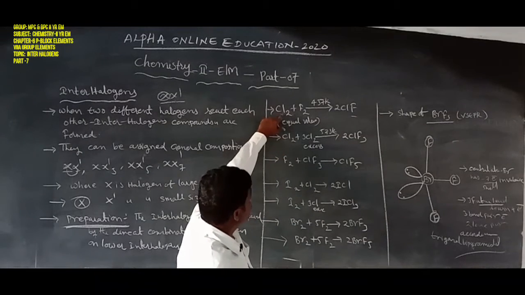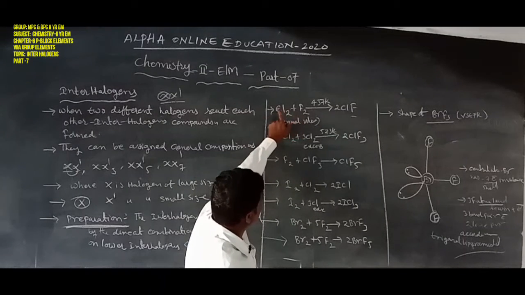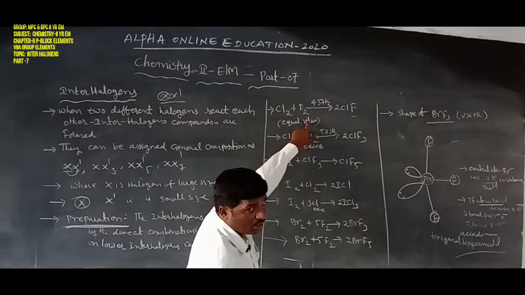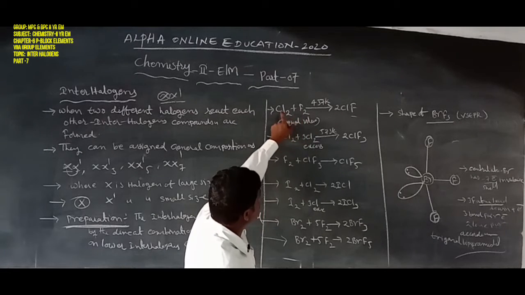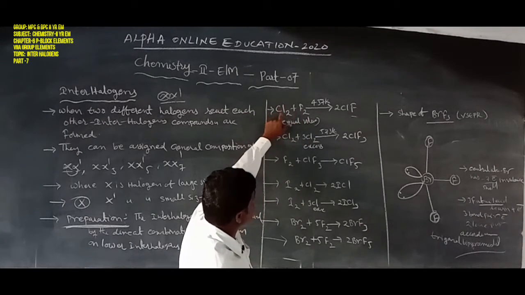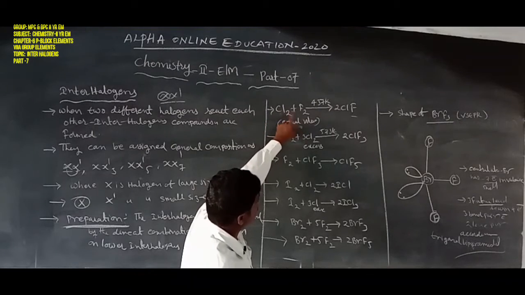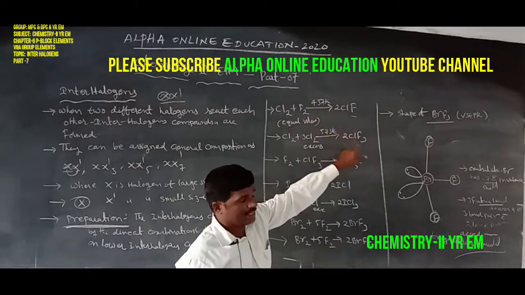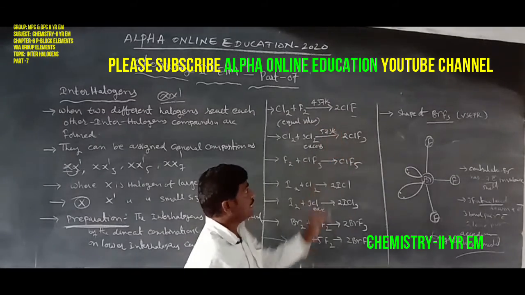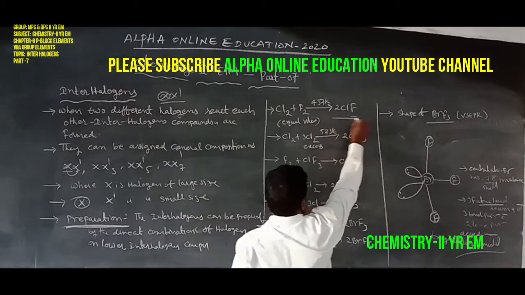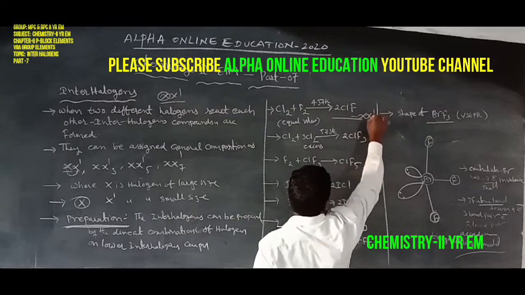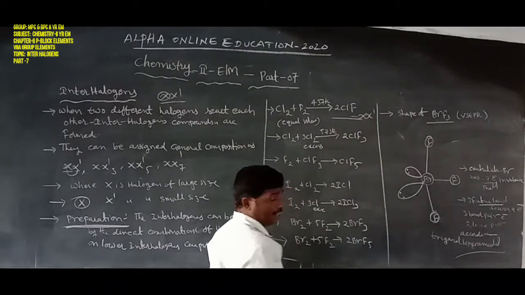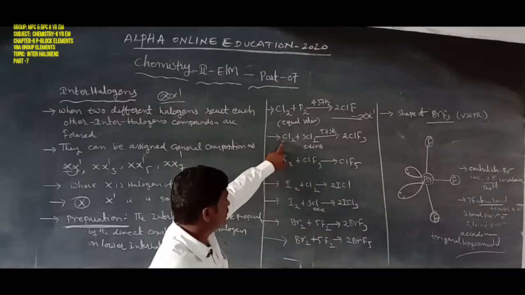Equal volumes of chlorine and fluorine react at 437 kelvin to form XX dash, that is ClF.